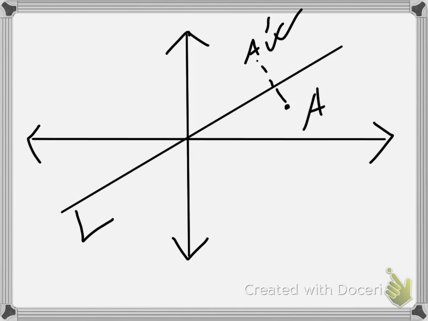So this is your reflected point of A with respect to this line L. This we will see later during this module, but at first let us do a deeper dive into this reflection phenomenon.